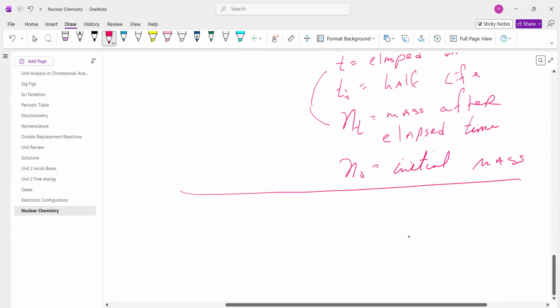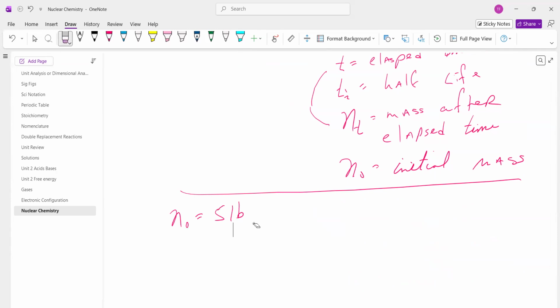All right, so let's start with 5 kilograms. We're in a metric family.